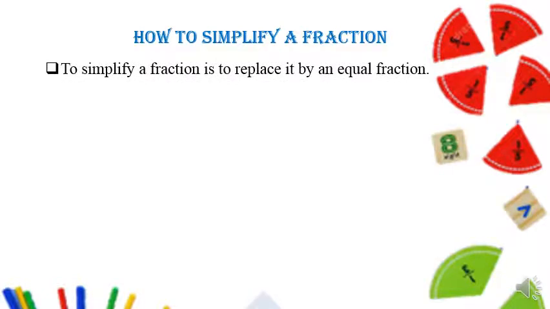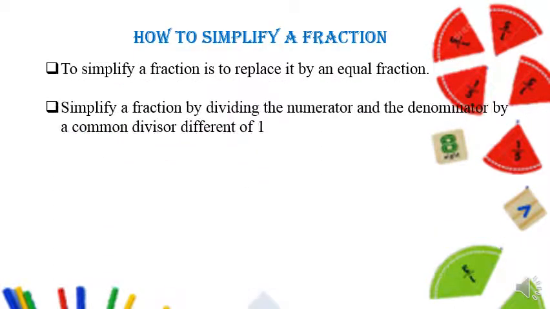To simplify a fraction, we have to replace it by an equal fraction. How? By dividing the numerator and the denominator by the same number, which is a common divisor of the numerator and the denominator of the fraction.